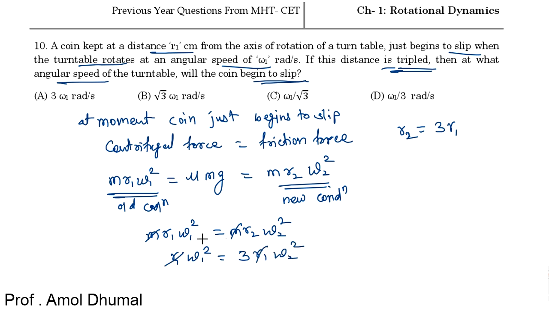So r1 gets cancelled. So we have omega 2 square is equal to omega 1 square by 3. So omega 2 is equal to omega 1 by root 3. So option C is correct. Likewise, we can solve the numericals which are asked in the previous year MHT CET examinations based on the topic rotational dynamics.